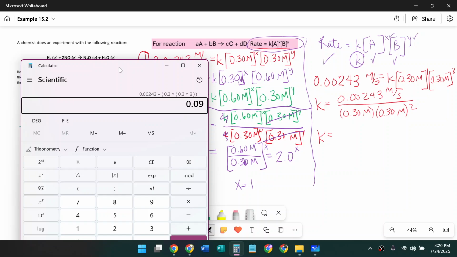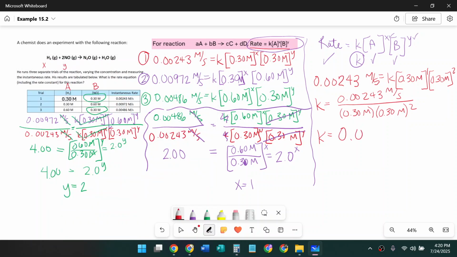We have 3, and on the bottom 2 and 2, so we need to keep 2 significant figures. These zeros in front of the 9 do not count, so we need to put another 0 after the 9. So 0.090. And what is our unit? We have an M here that will cross out with an M here. We have no more M's to cross out, and this M is squared, so 1 over M squared times s.